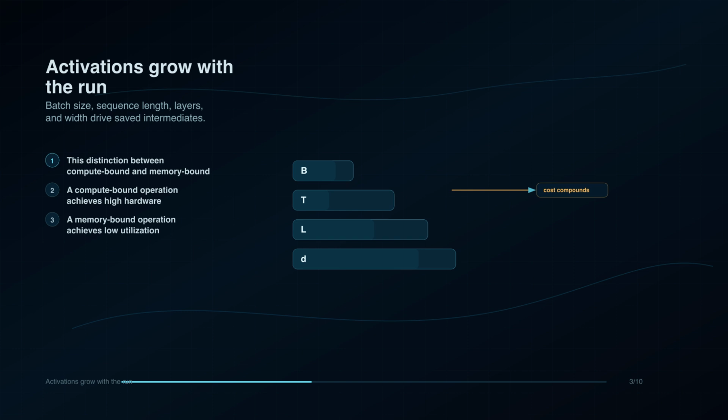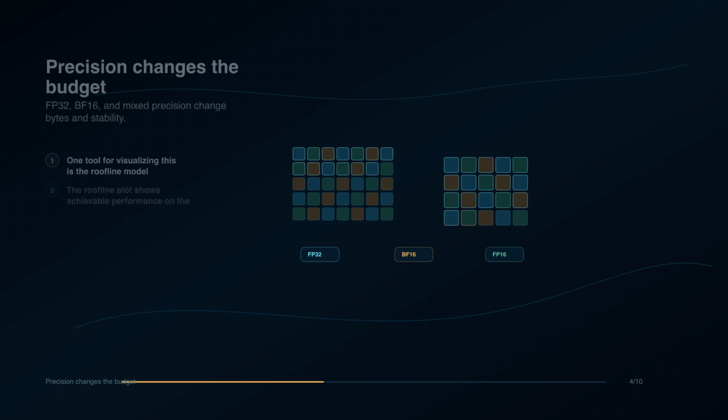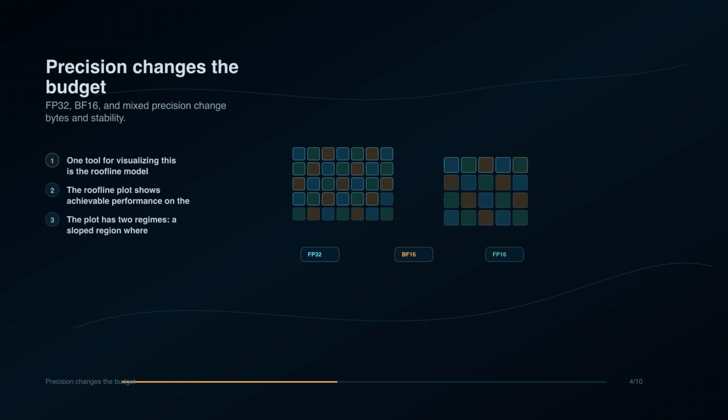We load matrices once and perform many operations on them. Element-wise operations like addition or ReLU have low arithmetic intensity. We load data, perform one operation, and write it back. Optimizing neural networks for hardware means increasing arithmetic intensity wherever possible.